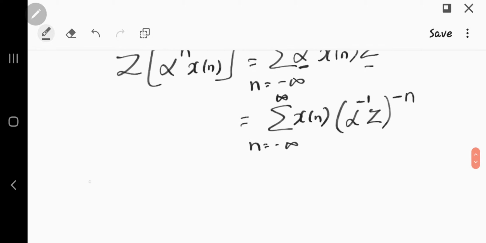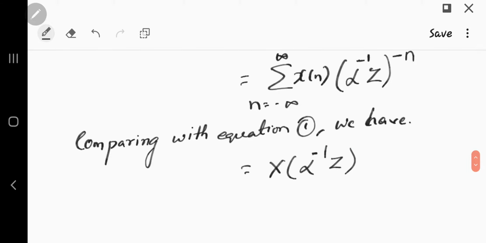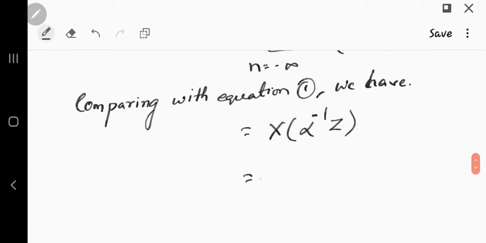So comparing with equation 1, we have X of alpha inverse z, which is nothing but X of z divided by alpha.